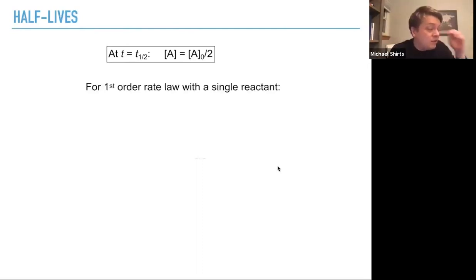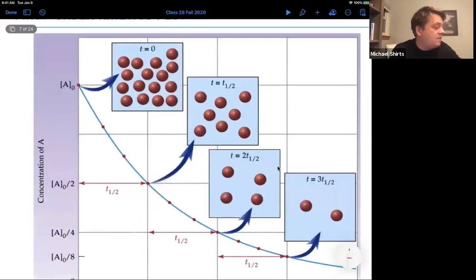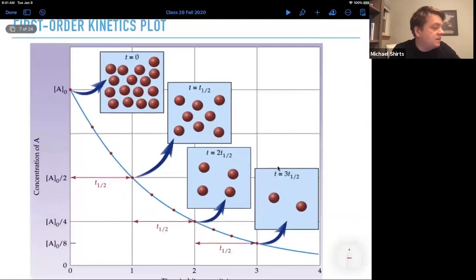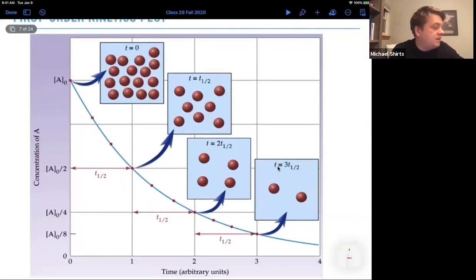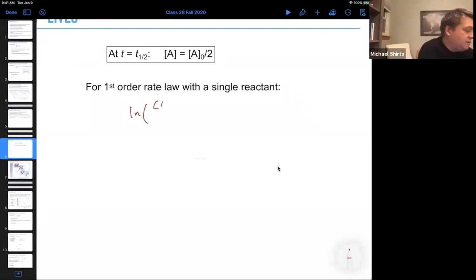So for a first order rate law with a single reactant, let's write out what we get. We have the log of the concentration of A over the concentration of A at time 0.